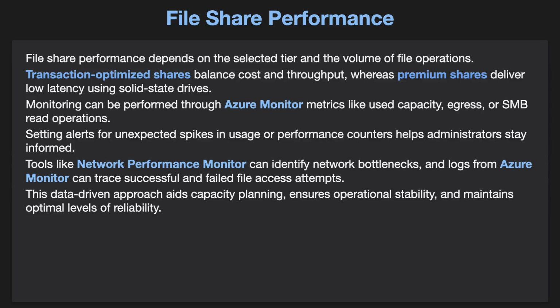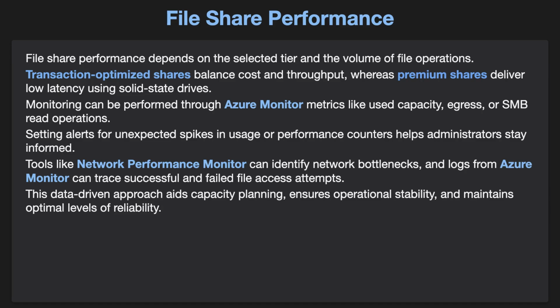File share performance depends on the selected tier and the volume of file operations. Transaction-optimized shares balance cost and throughput, whereas premium shares deliver low latency using solid-state drives. Monitoring can be performed through Azure Monitor metrics like used capacity, egress, or SMB read operations.